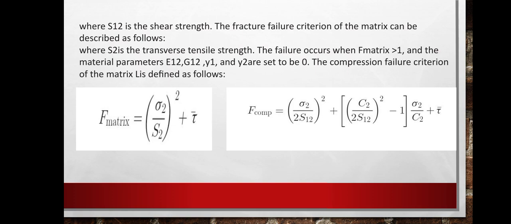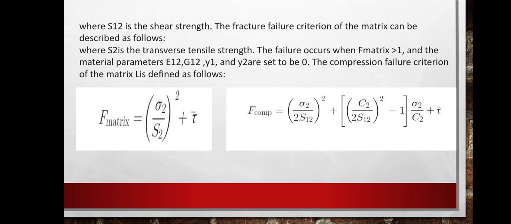The fracture failure criterion of a matrix can be described as follows. F matrix is equal to sigma 2 by S2 whole square plus tau, where S2 is the transverse tensile strength. The failure occurs when F matrix is greater than 1 and material parameters E2, G12, nu1 and nu2 are set to 0.